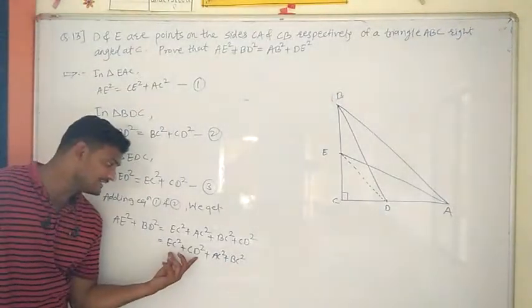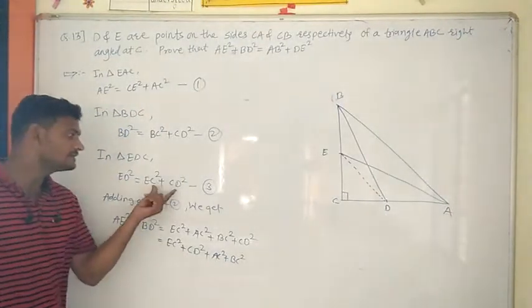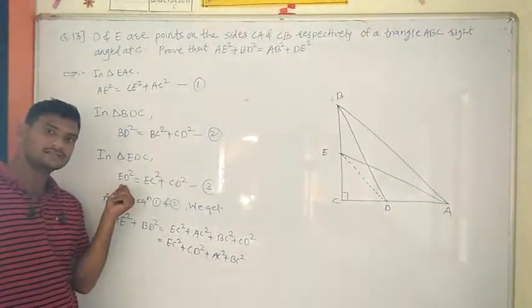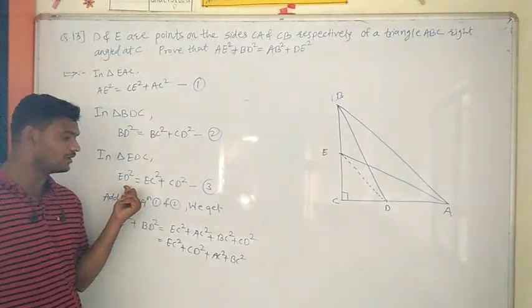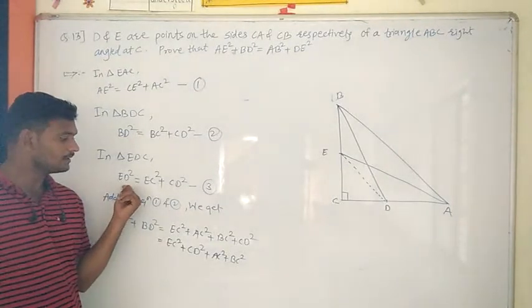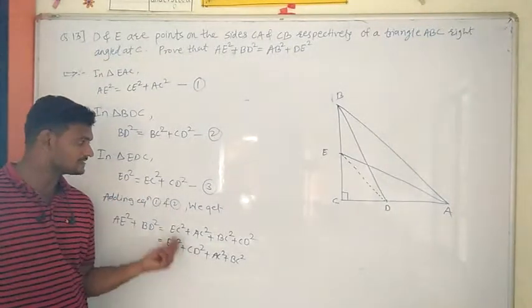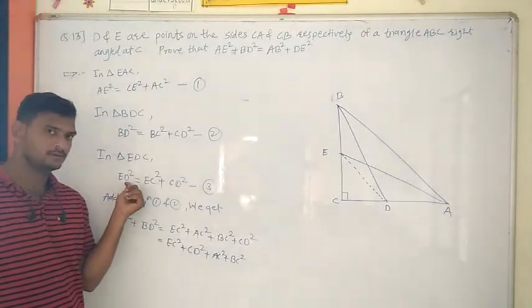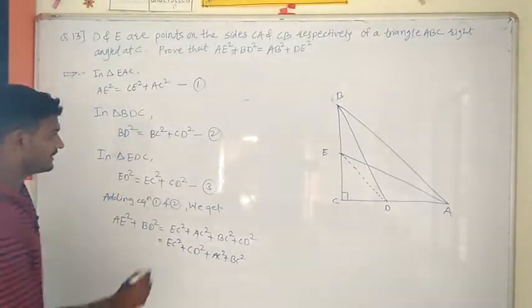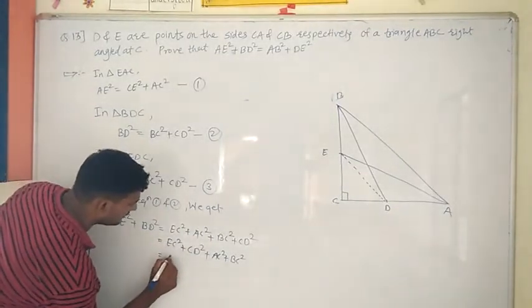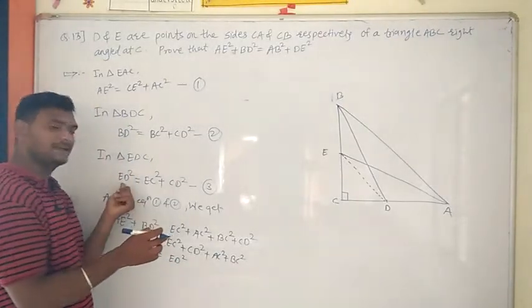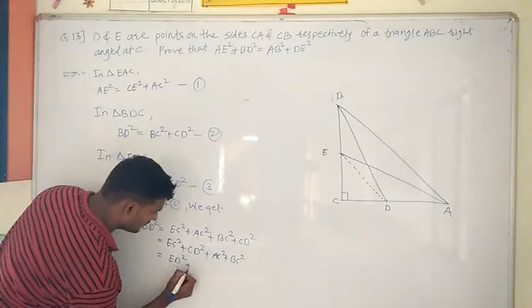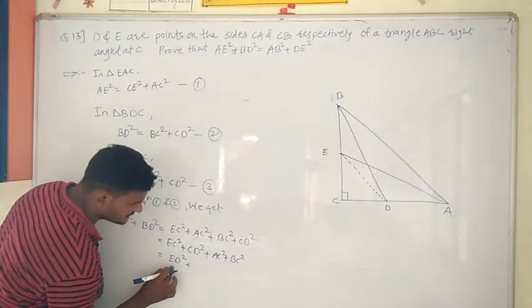Now observe this EC square plus CD square. EC square plus CD square is equal to ED square or not? Check here. Yes, it is ED square. This EC square plus CD square is nothing but ED square.